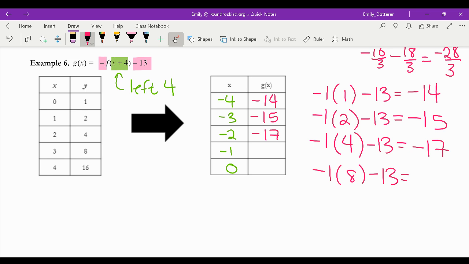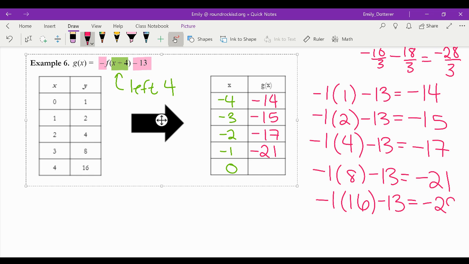Negative 1 times 8 is negative 8, minus 13 is negative 21. Negative 1 times 16 is negative 16, minus 13 is negative 29.